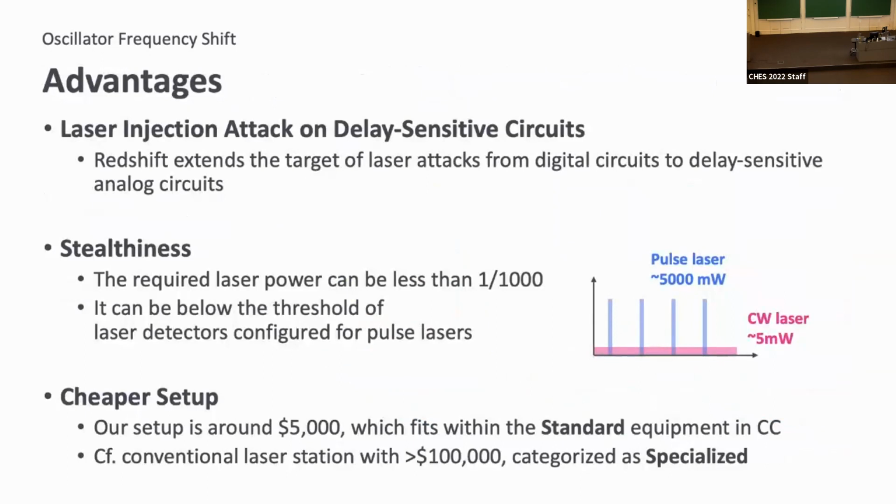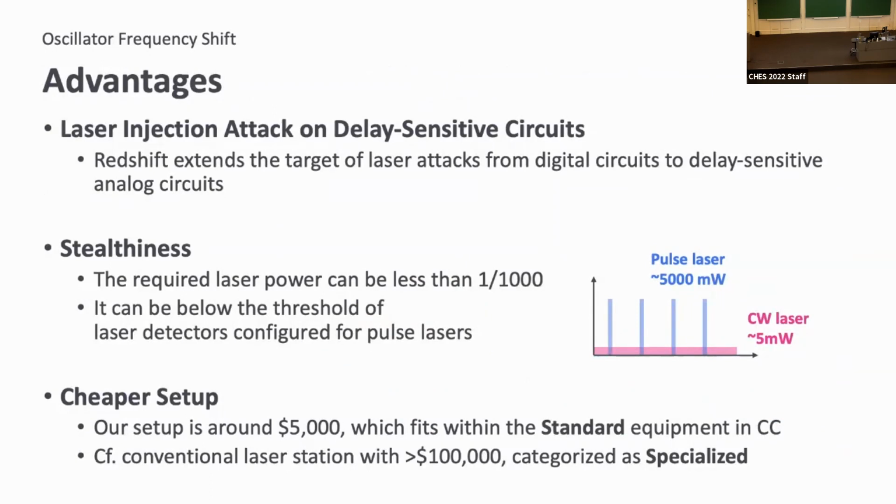So what is the advantage of Redshift compared to conventional laser photoinjection attacks? The first one is to extend the target of laser attacks from digital circuits to delay-sensitive analog circuits. Second, it can be more stealthy, evading laser detectors configured for conventional pulse lasers.